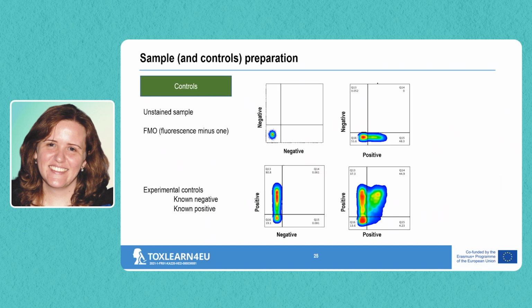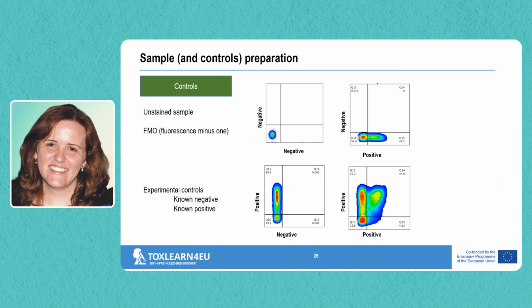You saw before that we have those lines for the quadrant regions in certain places, and you need to make sure that you have these lines in the right place. The only way to do that is to have an unstained sample, and that will help you position or identify the negative. Then if you have one that is negative for Alexa and positive for PI, it will help you to position this line here.